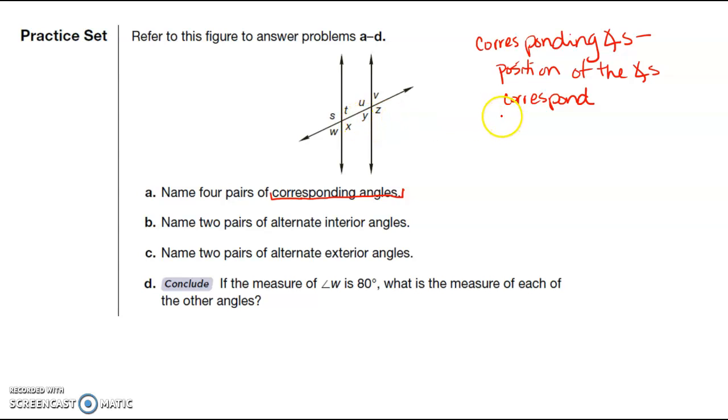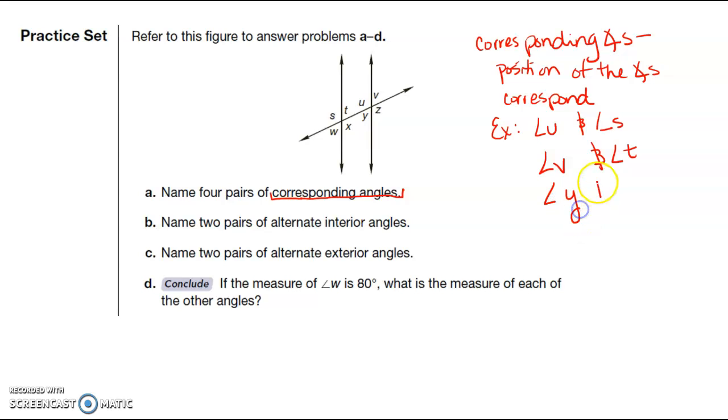Okay. For example, in this picture, it says name 4 pairs of corresponding angles. So angle U and angle S are corresponding. Angle V and angle T are corresponding.